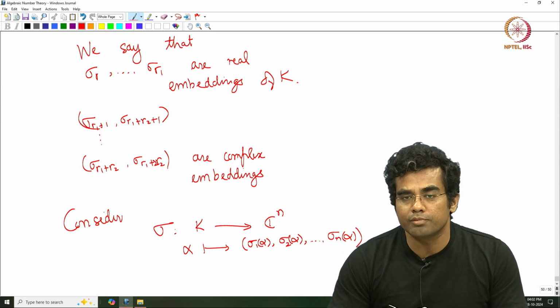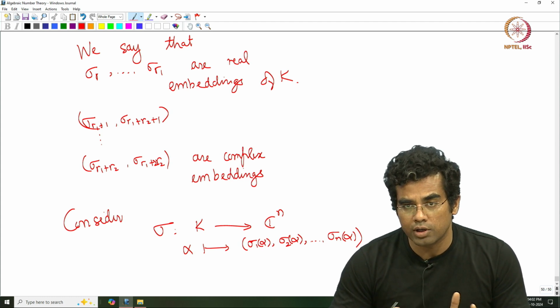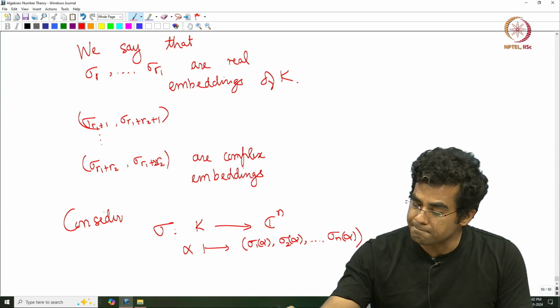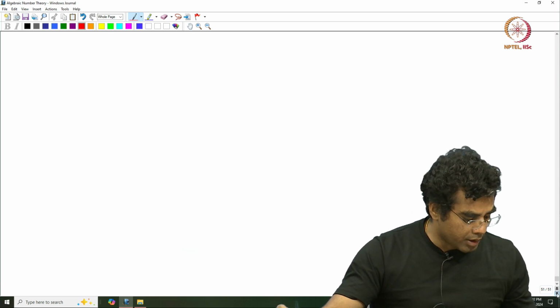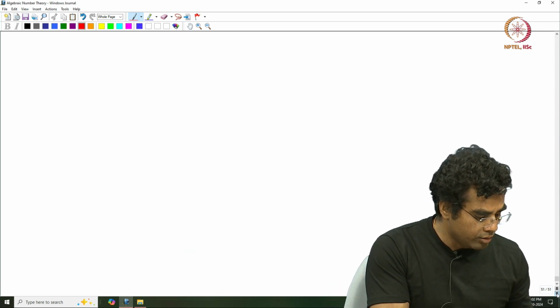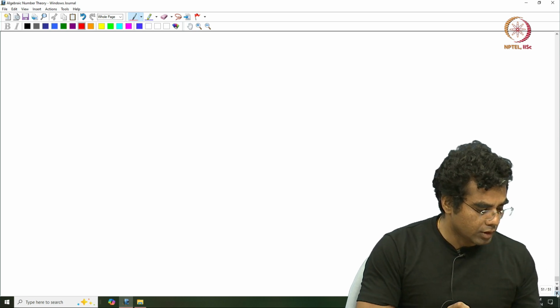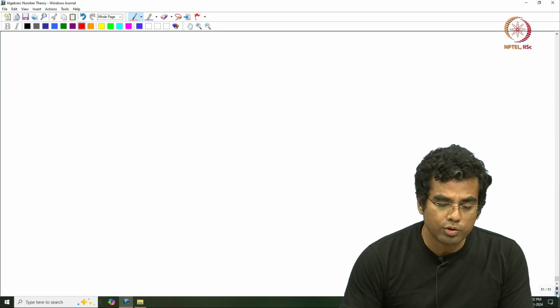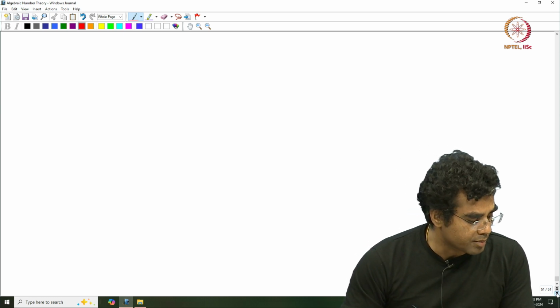There is no choice of basis involved, the only choice involved here is how you order the embeddings. Okay. So, we call this map sigma for now. Okay. And we want to understand the image of K and the image of OK under this map.